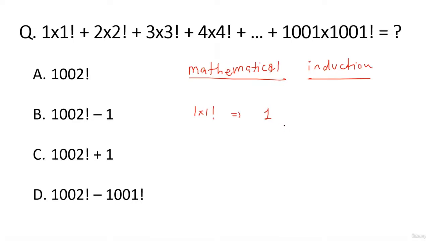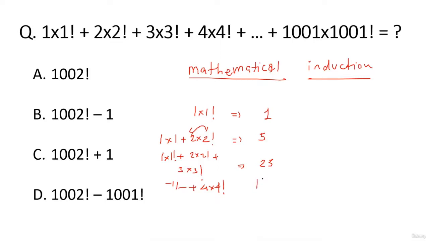Now we slowly keep adding different terms. Let's take 2 terms: 1 into 1 factorial plus 2 into 2 factorial. 2 into 2 factorial is 4, plus 1 is 5. Now add one more term: plus 3 into 3 factorial. 3 factorial is 6, into 3 is 18, plus the previous 5 is 23. The next term is plus 4 into 4 factorial. 4 factorial is 24, into 4 is 96, plus 23 is 119.